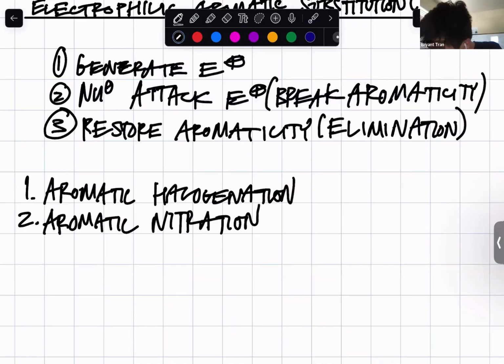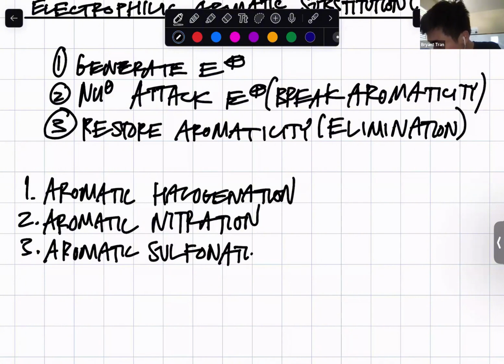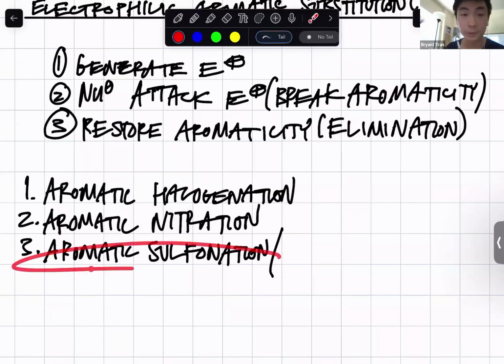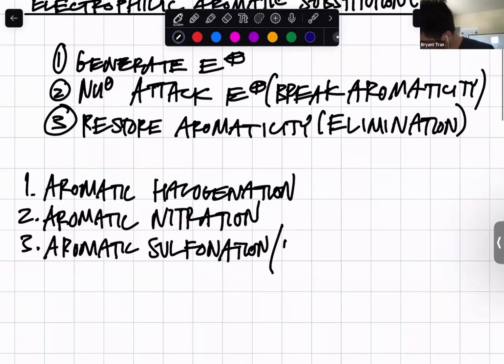The third reaction is aromatic sulfonation, and this reaction is reversible. We could do desulfonation, and this will be important later on for synthetic strategies because this reaction tends to block the para position for synthesis. And then we could say desulfonation to go backwards.